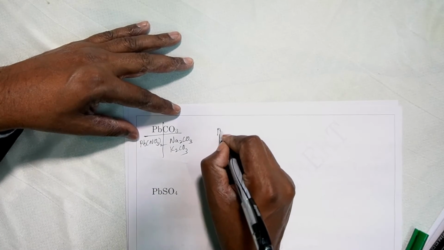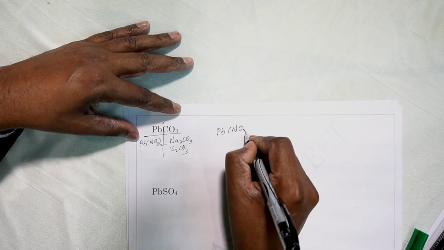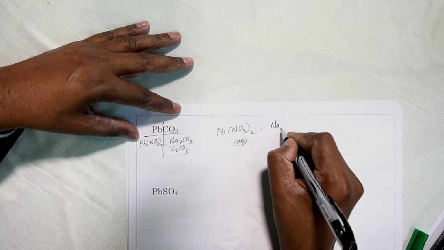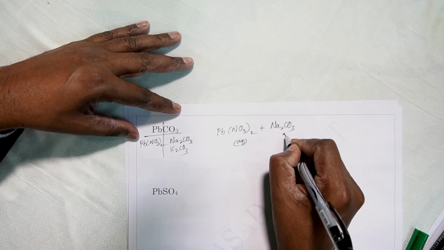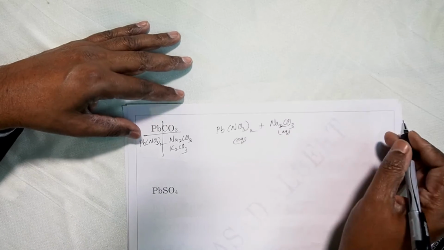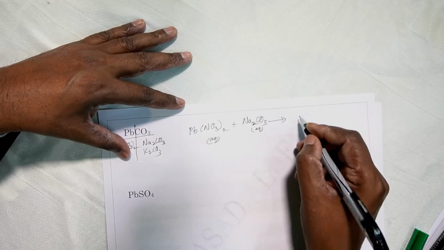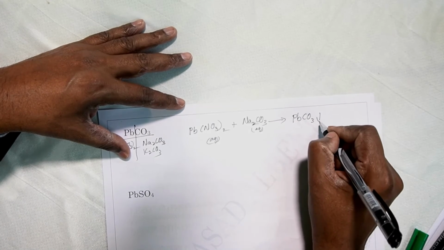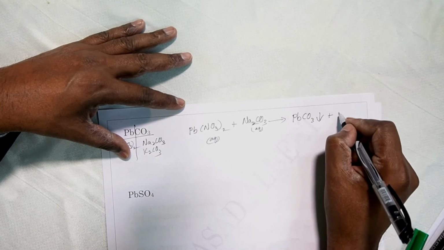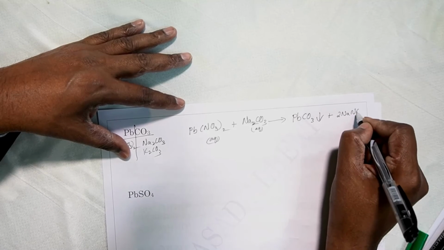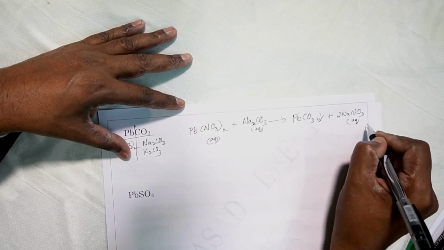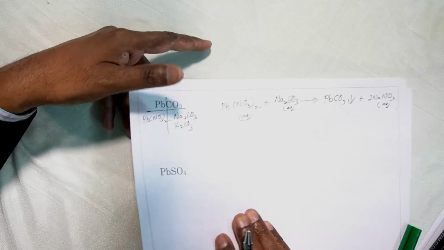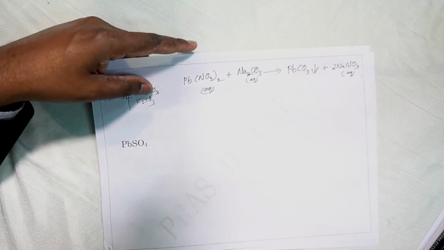So Pb(NO3)2, which is aqueous, plus Na2CO3, which is also aqueous, gives PbCO3, lead carbonate, an insoluble salt, plus 2NaNO3, which is aqueous, right? Now for K2CO3, you can write it yourself, usually it is not required.